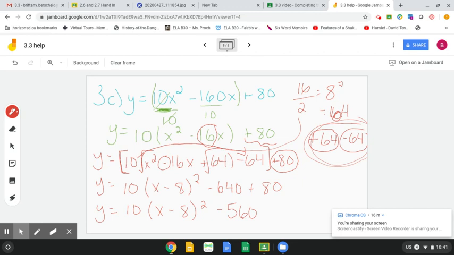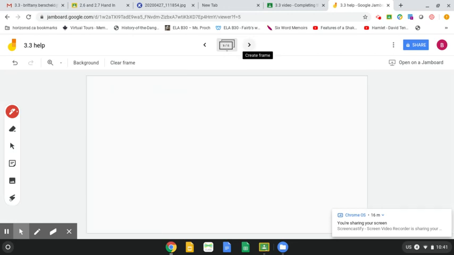So how about I do 3B? Okay, 3B says y equals 6x squared plus 24x plus 17. All right. Step 1, brackets around the x terms.